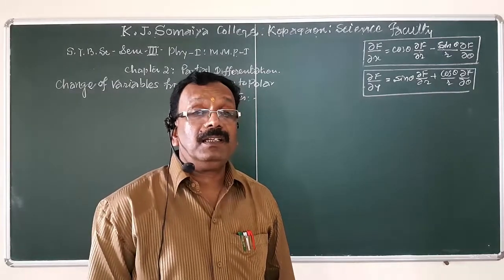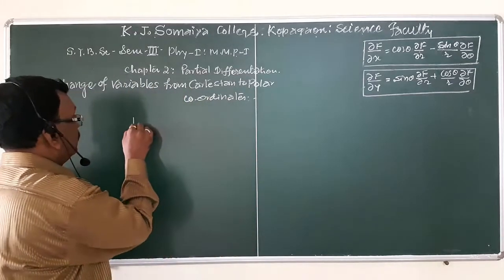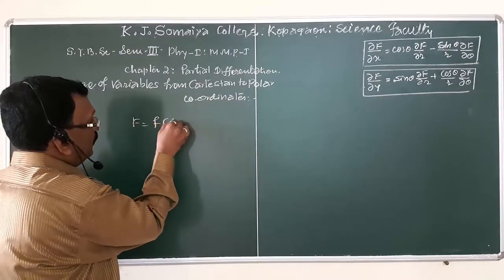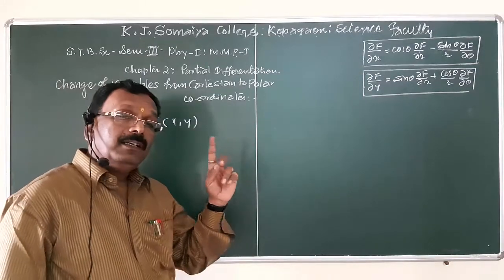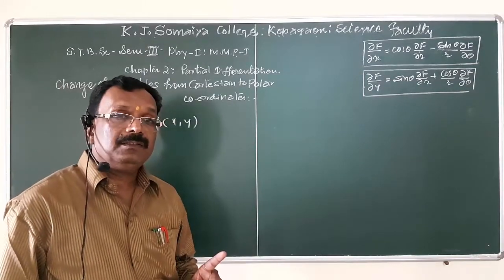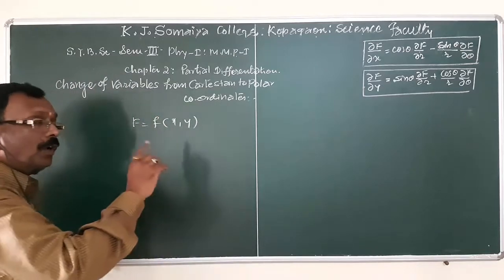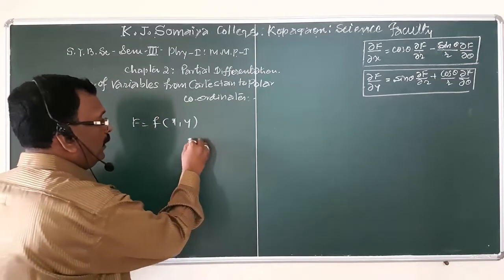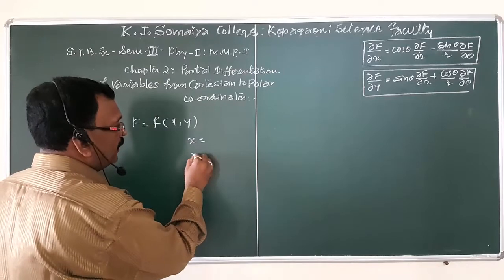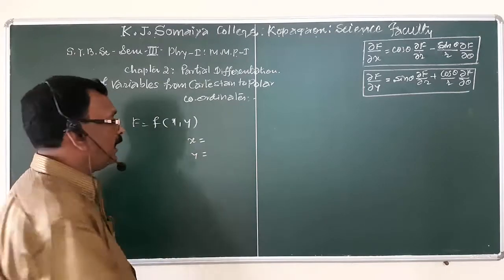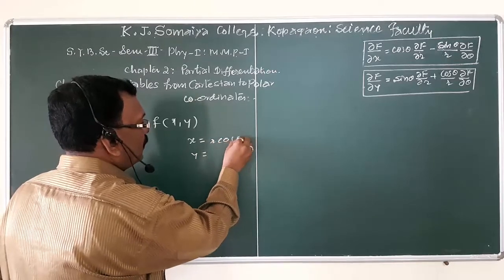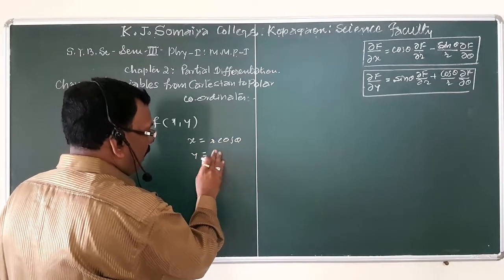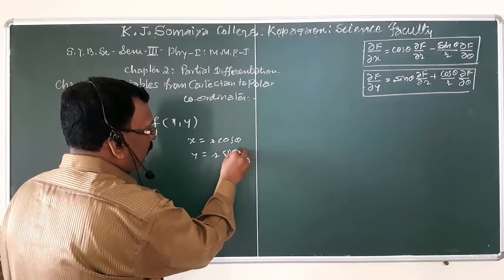Consider a function f equal to f of x, y. Here x and y are rectangular coordinates, and we already know the relation between rectangular coordinates x and y and polar coordinates r and theta: x is equal to r cos theta and y is equal to r sin theta.